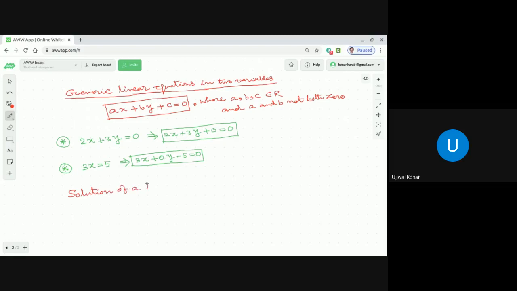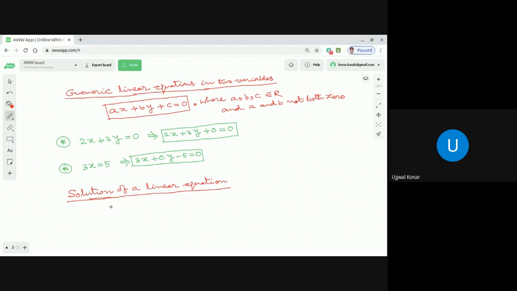Dear students, what is meant by a solution to a linear equation is that the values of these unknowns, that is x and y, which satisfy this equation, are called the solution of a linear equation.